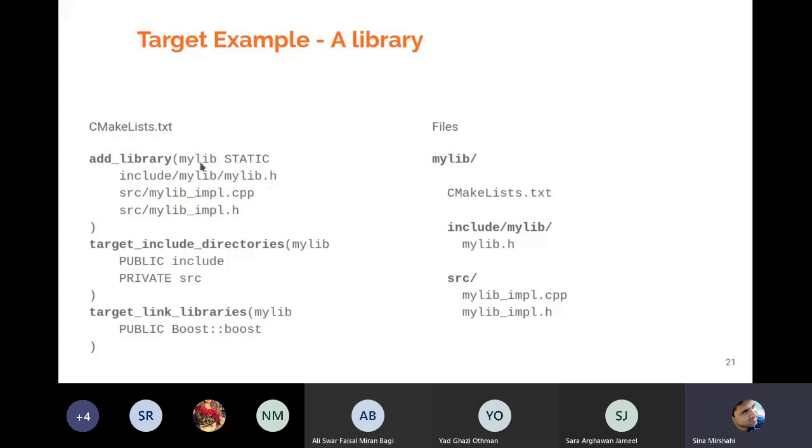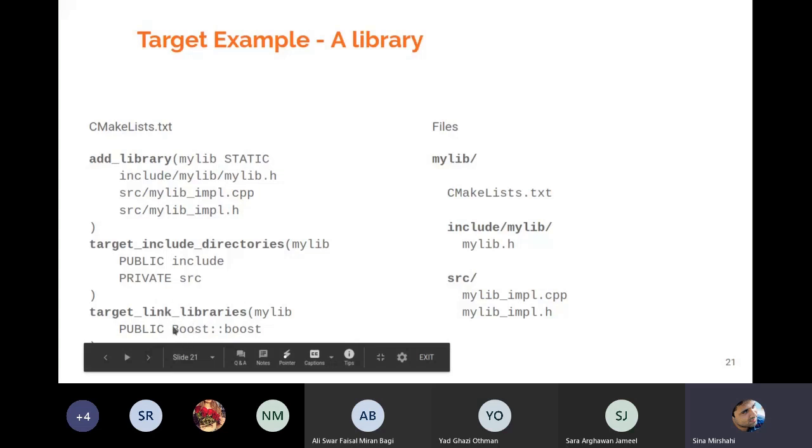I will call it my library, and this library is a combination of these files, which is, for example, mylib.h, mylib.cpp, and a header file. And then I link them together, and I define my include file if they are in a different directory as well. You will see them in the example of how to create a library.